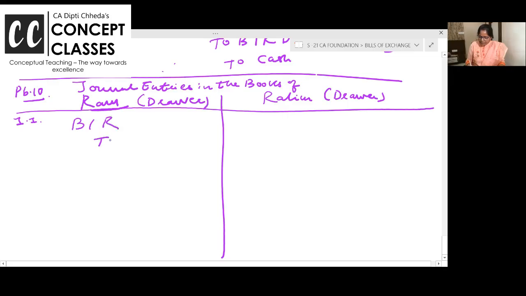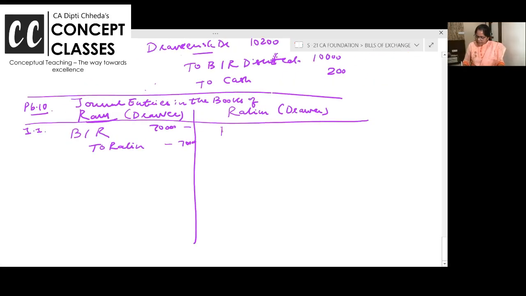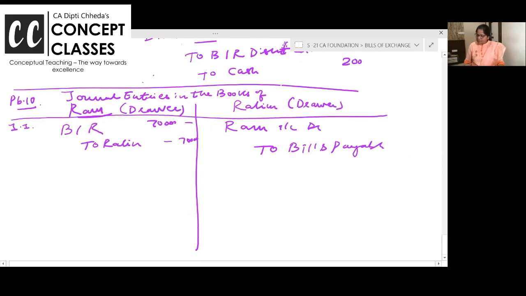Bills receivable to Rahim. 70,000, 70,000. And here, Ram account debit to bills payable. Amount is same.